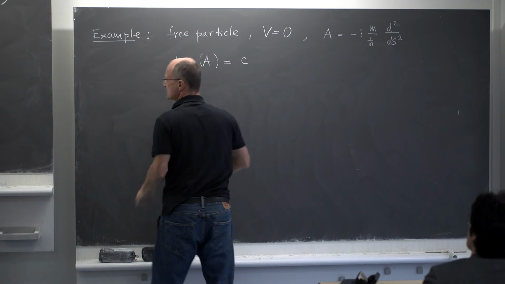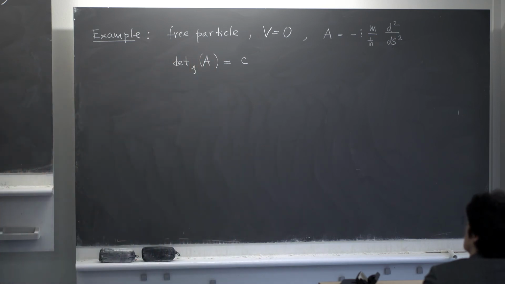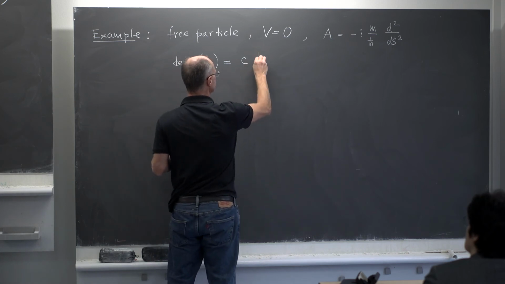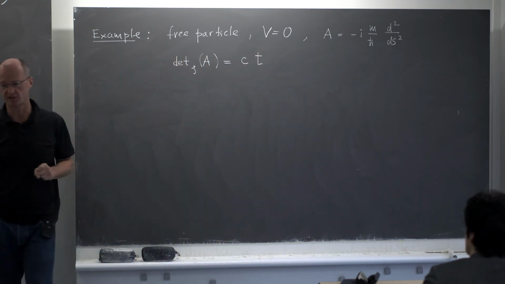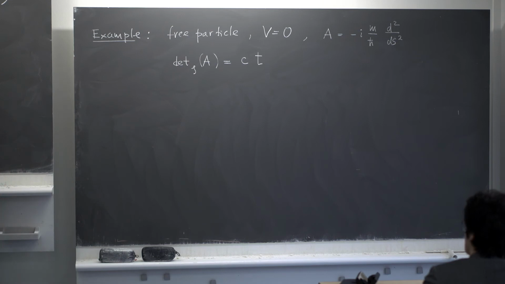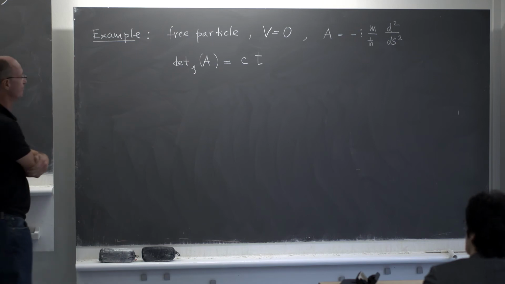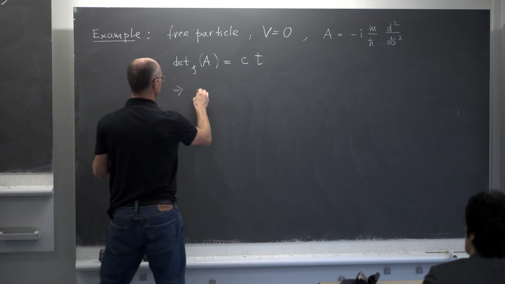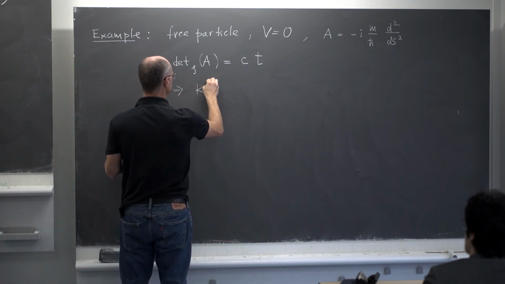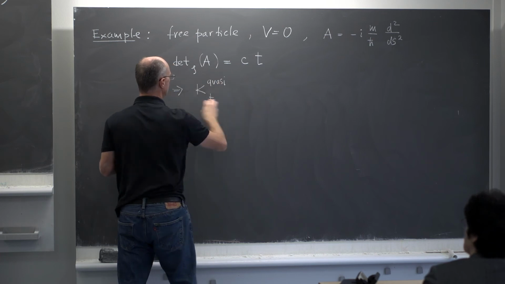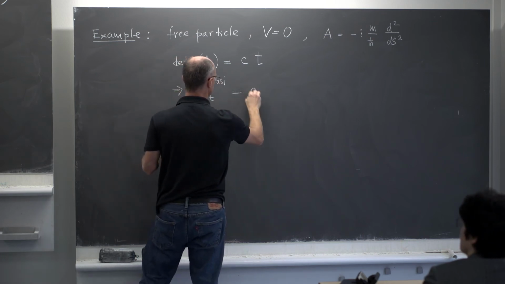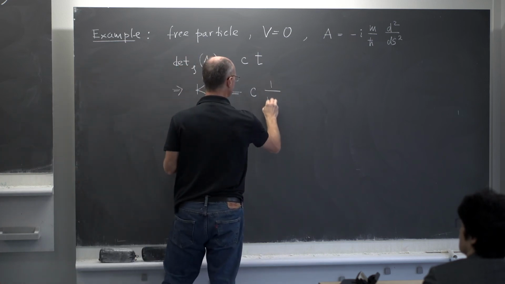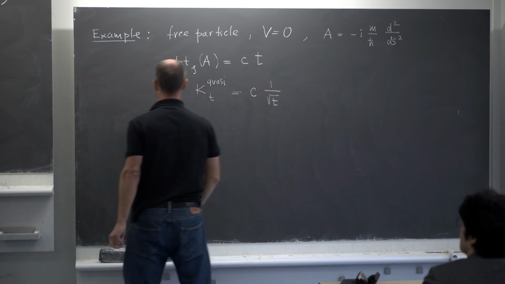Since in the end anyways we will not be taking into account all the constants correctly, let me put it in this relatively vague way. So there is a constant times the time t. So this implies K_t quasi is equal to a constant. Now we know that we should put 1 over square root of t.